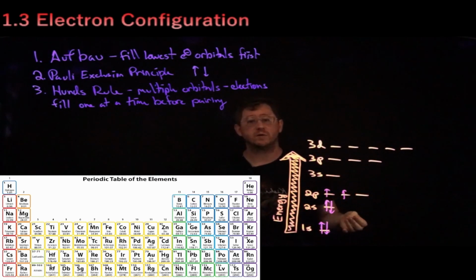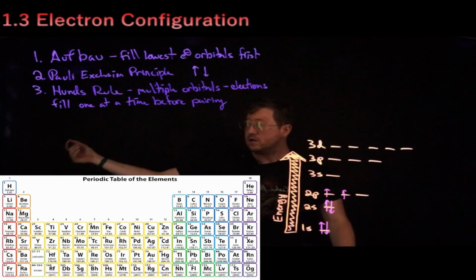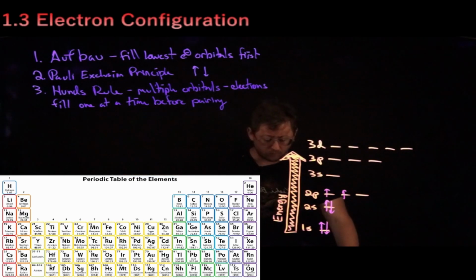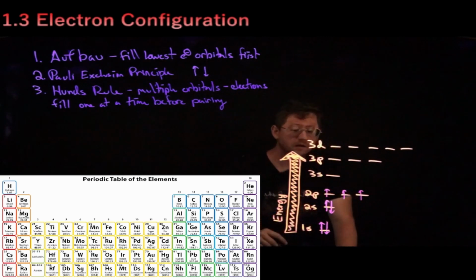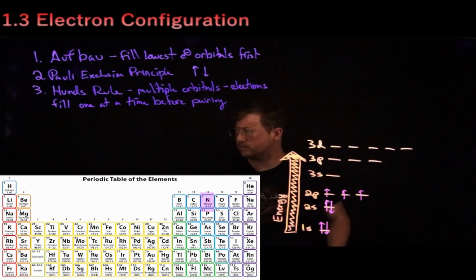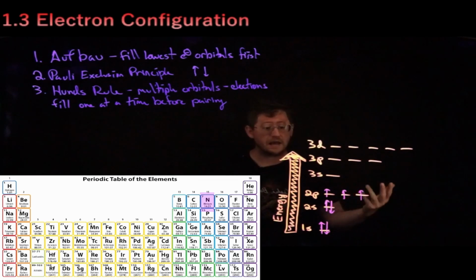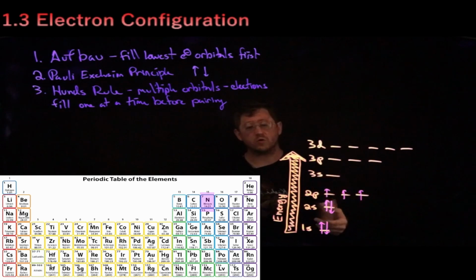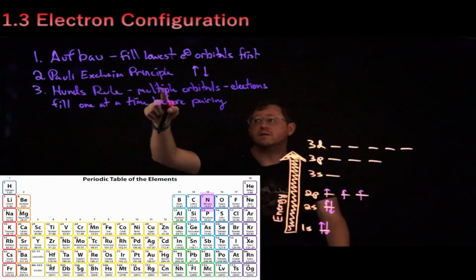There are going to be consequences that we'll talk about in the future and why it matters. If we keep moving forward, this will be nitrogen. The electron configuration we'd say is 1s2, 2s2, 2p3. Now we've filled each of these orbitals with a single electron.